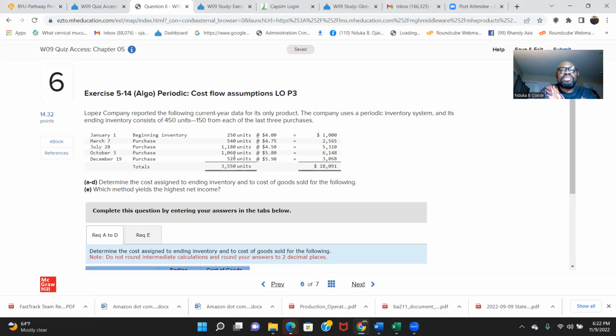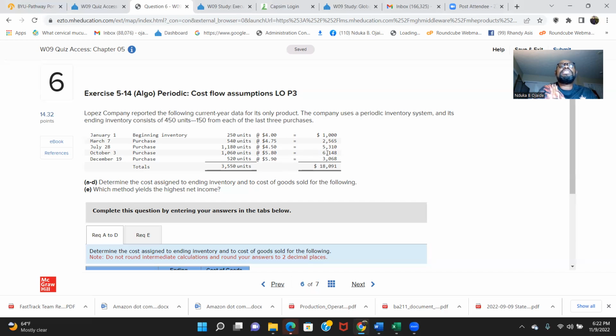So you add 70 to this, and then you calculate each of your units against the unit price here. 215 against this will give you this, this against this will give you this, and so on, and then the remaining 70 times this unit price will give you whatever the cost is supposed to be here.